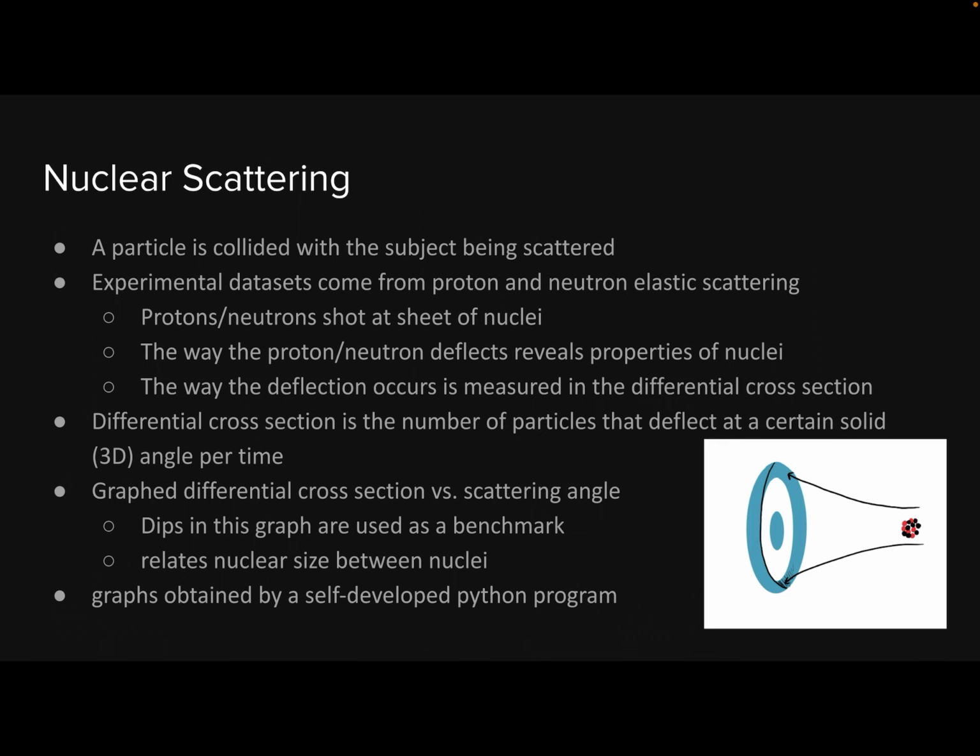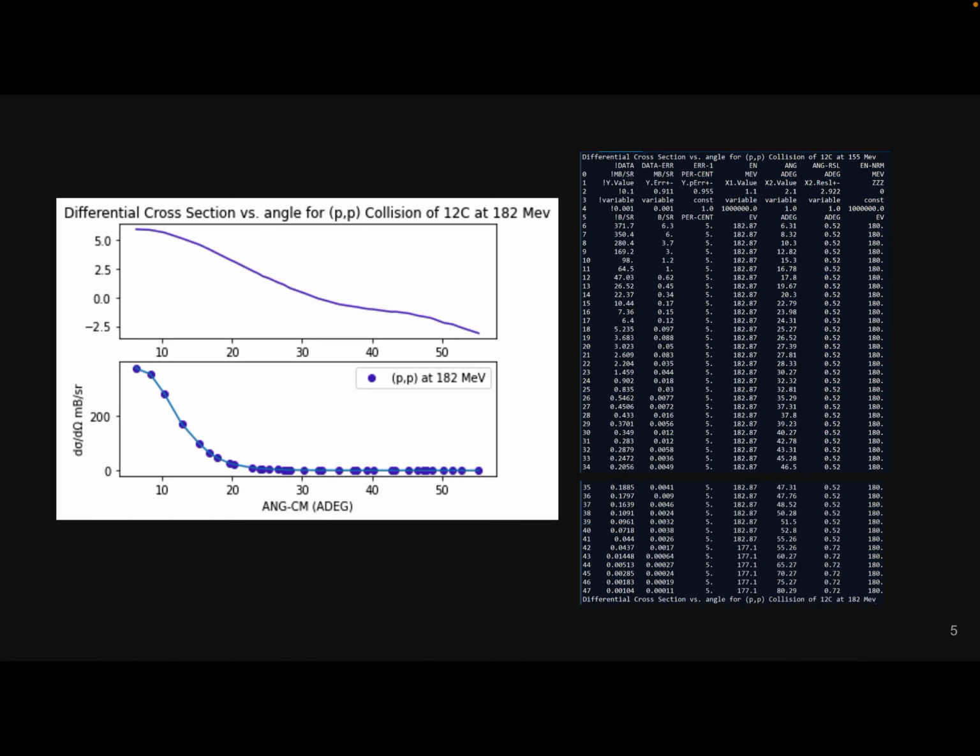And so in these graphs, the angle where the dips occur can be used to indirectly find a relationship with nuclear size. I find these graphs by using a self-developed Python program that takes data from the National Nuclear Data Center, finds the energy of these differential cross-section experiments and their scattering angle, and graphs a log version and a regular version of it.